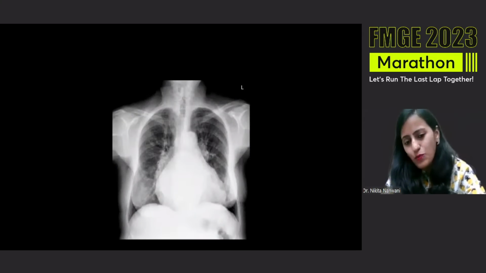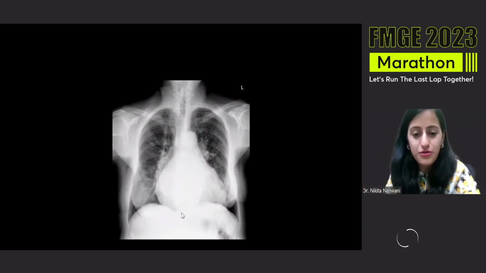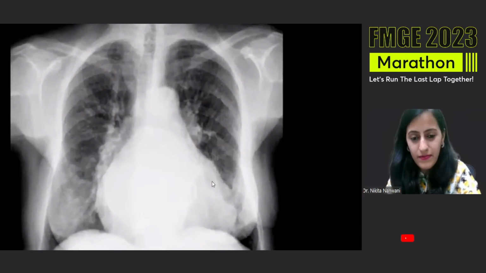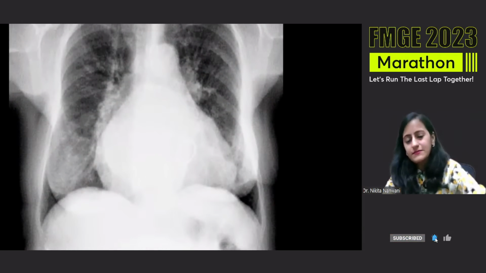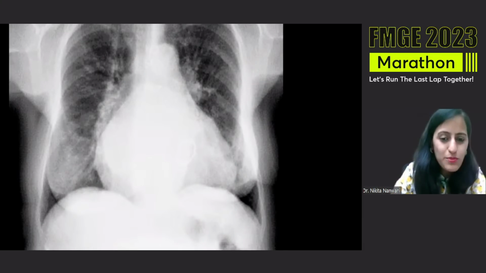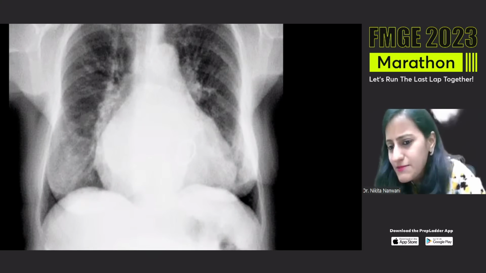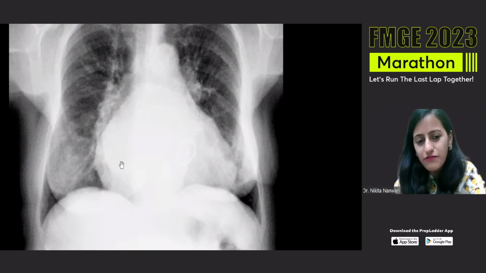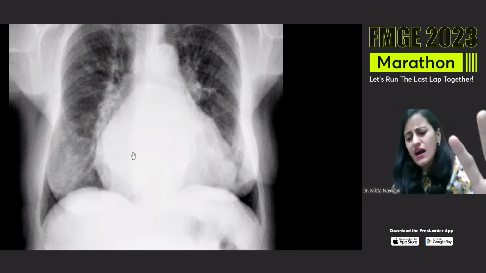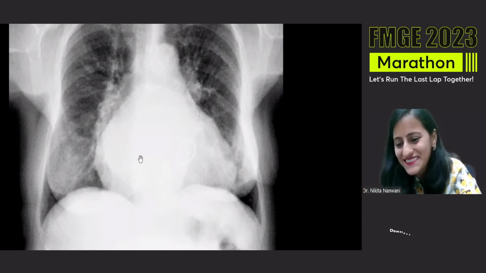First one, what do you think this image is showing? The contrast is not very good with this image, but let me see if I can show you. You can see there is some density overlapping over the heart.